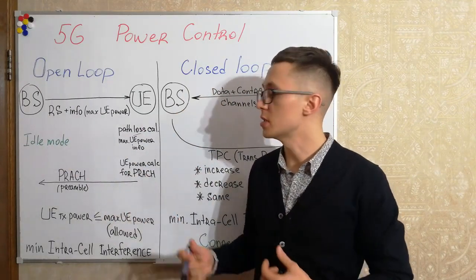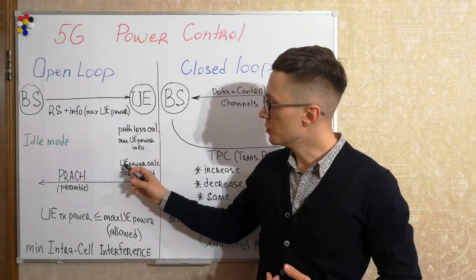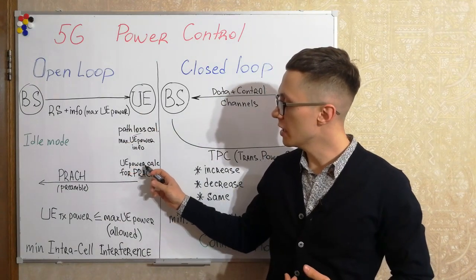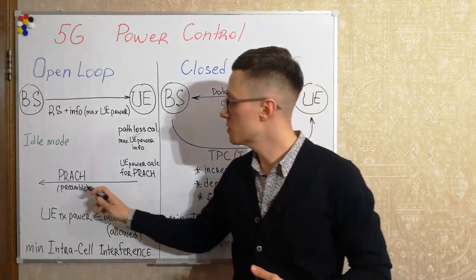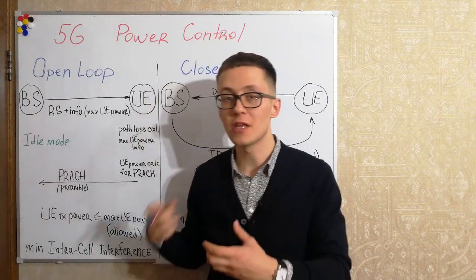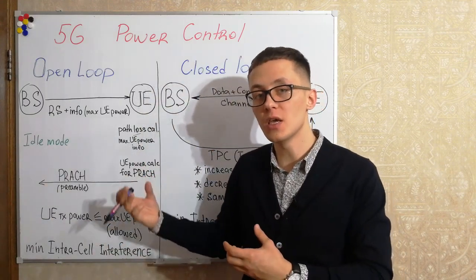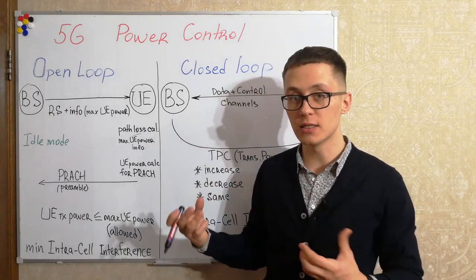After that calculation, user equipment can calculate a power that is enough to transmit the random access channel with the preamble to the base station, enough for the base station to decode that message and understand it clearly.